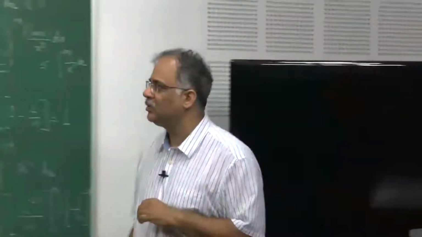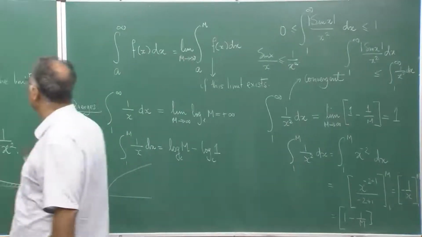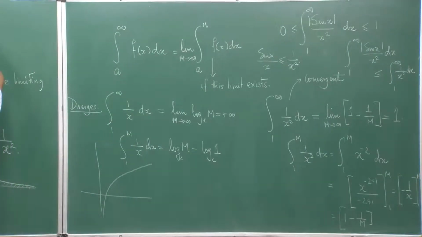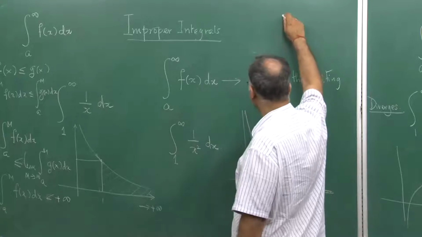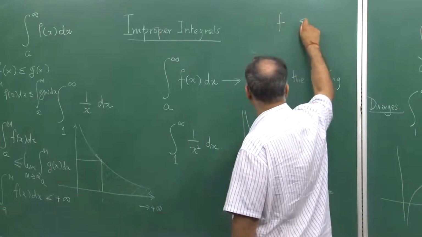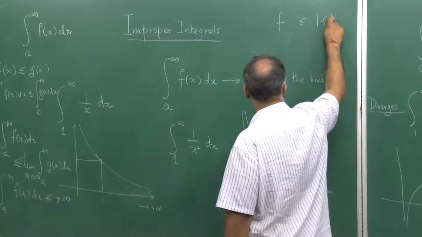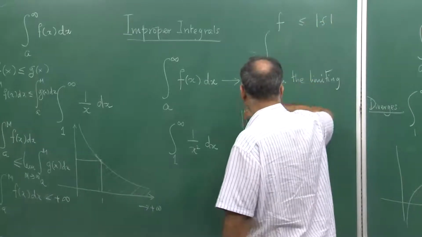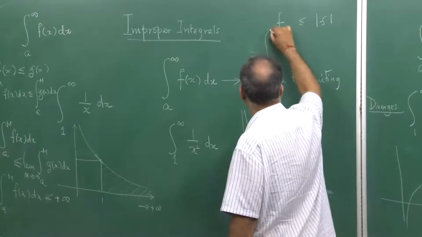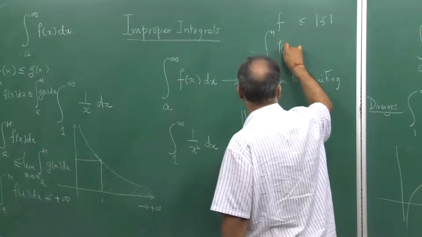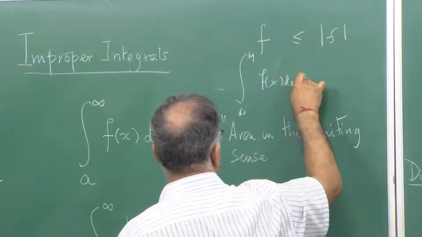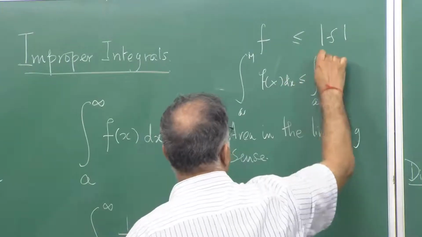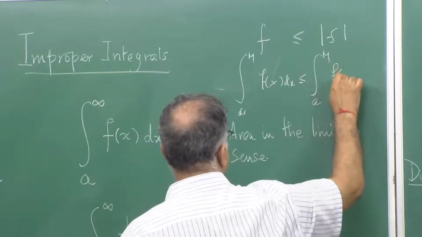I would like to say that there is a very important concept here, called absolute convergence. What is the meaning of absolute convergence? You know, f of x is less than or equal to mod of f of x for any x. So if we integrate from a to m f x dx, for any proper integral we assume that it is integrable.